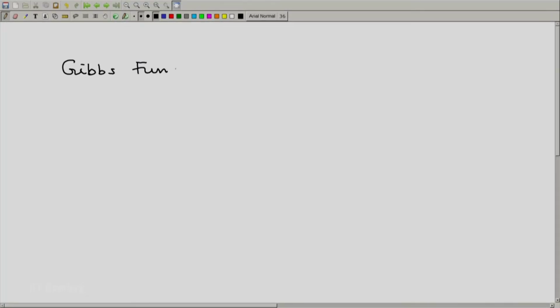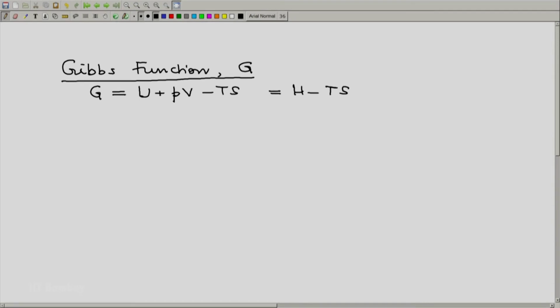Now let us move to the Gibbs function. The definition of the Gibbs function is U plus PV minus TS, which is also H minus TS. Let us look at the first direct definition. Expand it, you will get dG equal to dU plus PdV plus VdP minus TdS minus SdT.